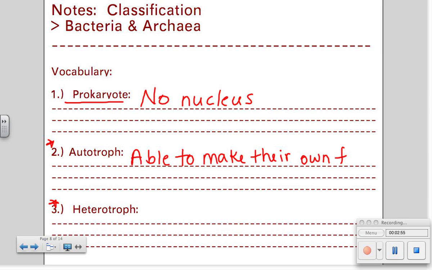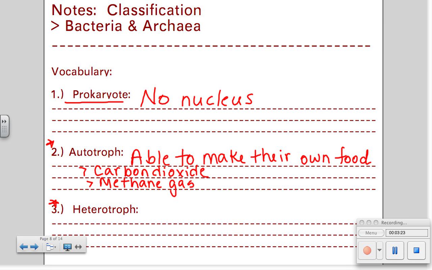And they mostly use the gases found in the air, for example, carbon dioxide and methane gas. And they will use these 2 gases to metabolize and to make their own food.